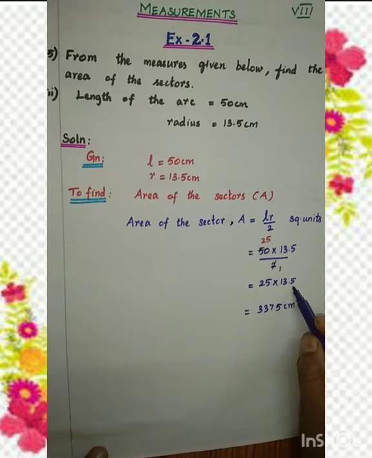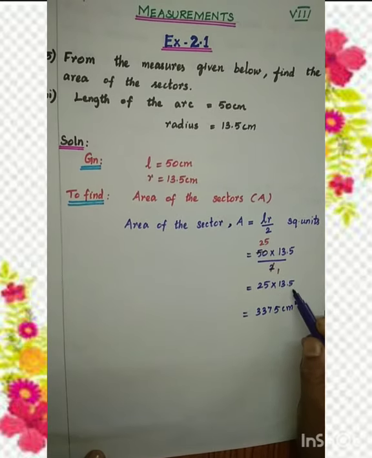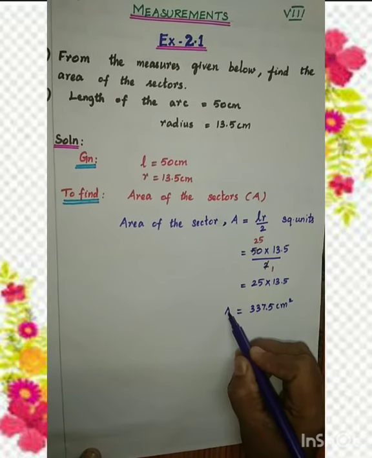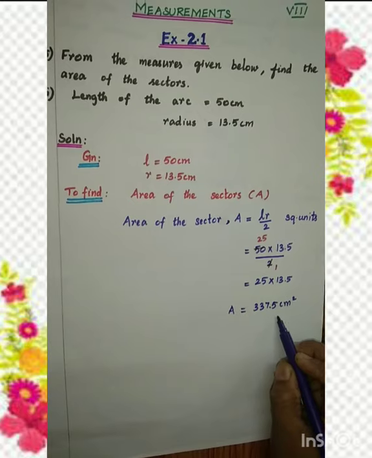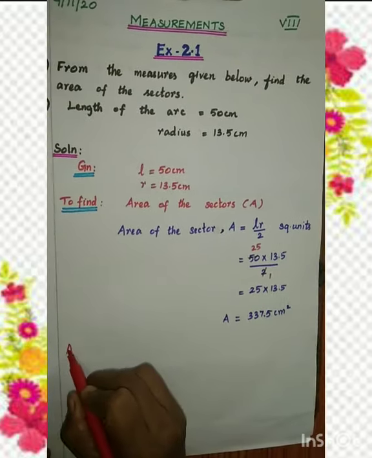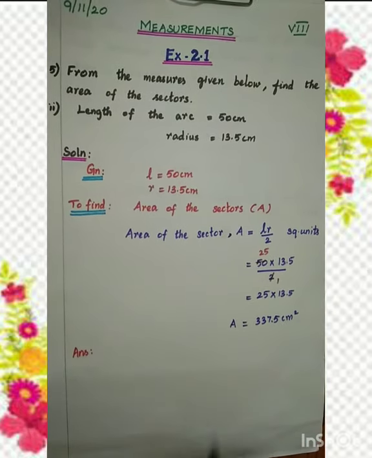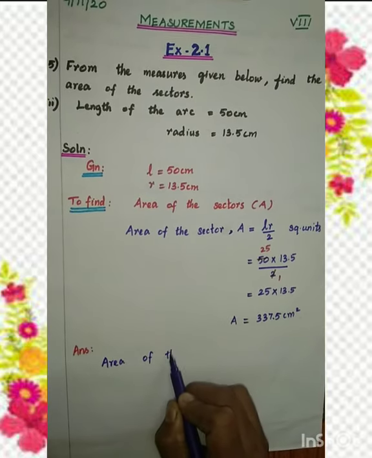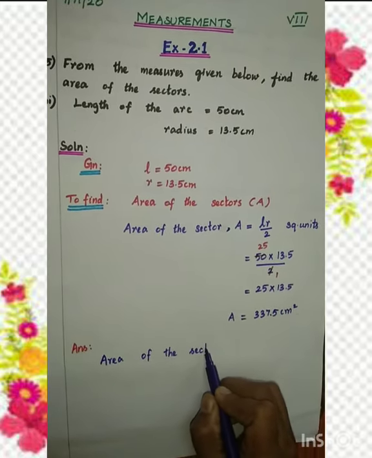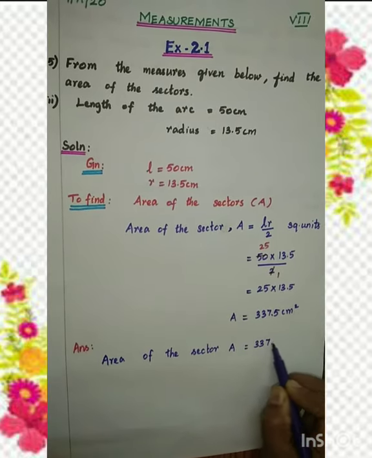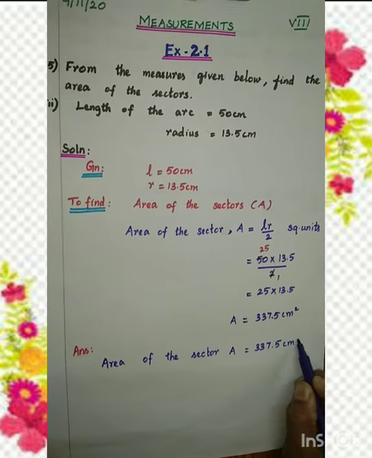After the decimal point we have only one digit, so after multiplying, from the last, leave one digit and place the decimal point. So area of the sector is 337.5 centimeter square. Therefore, answer: area of the sector is 337.5 centimeter square.